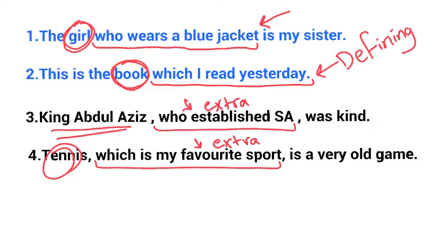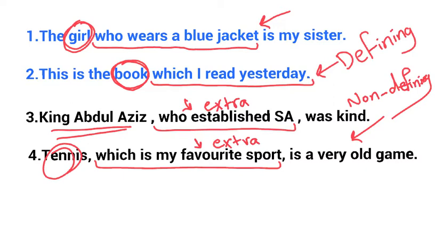Tennis is a very old game. So I understand the meaning without the extra information. Now, in number 3 and number 4, we call this a non-defining relative clause.